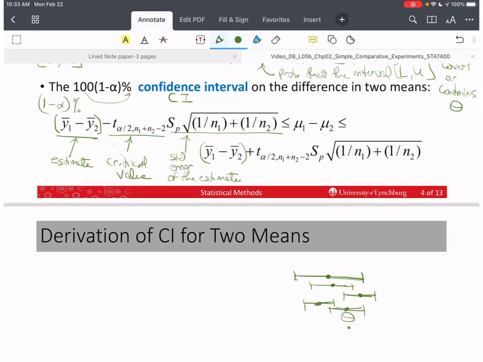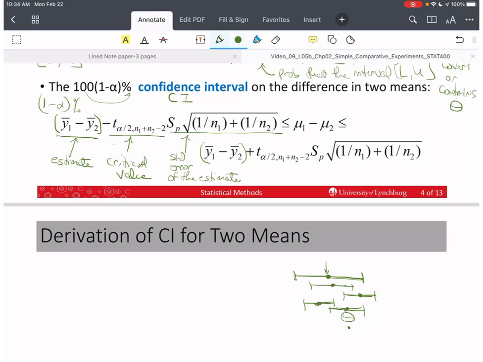The range gives us a probability. If I ask, what's the probability that y1 bar minus y2 bar is equal to theta, then that probability is 0, because y1 bar minus y2 bar has a continuous distribution, which is normally distributed or approximately normally distributed depending on the sample size.